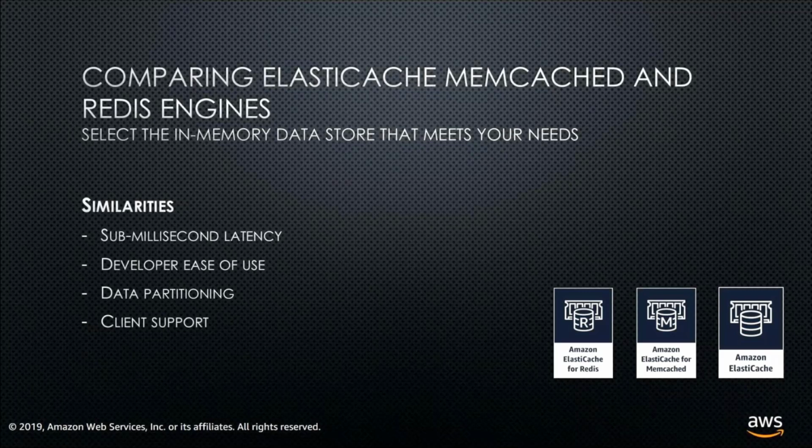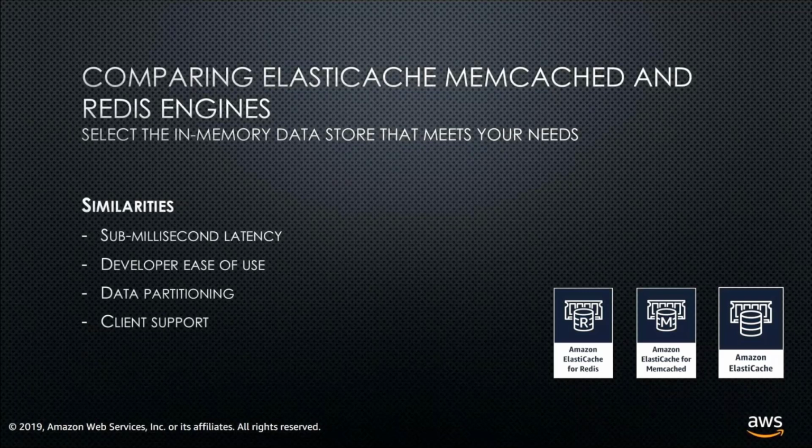Both Redis and Memcached support sub-millisecond response times, which is much faster than reading data from disk-based databases. Both are syntactically easy to use and require a minimal amount of code to integrate in your application. Both allow you to distribute your data among multiple nodes, also called shards in ElastiCache terminology.